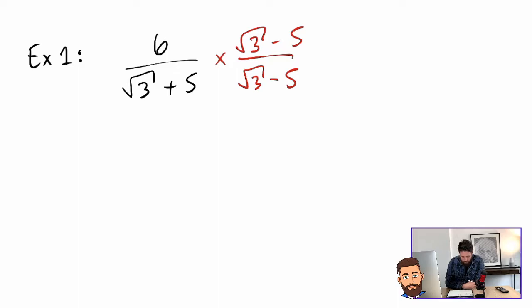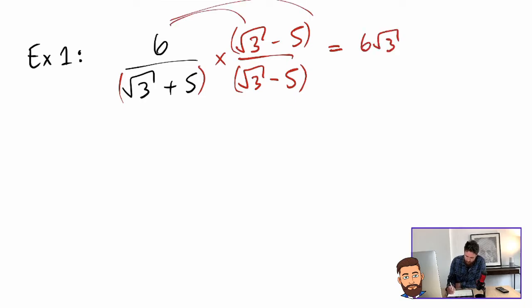That is going to now involve some work expanding this out. So if I expand this out, the top, anything that is more than one term needs to go in a bracket. If I expand out the top, I will simply get 6 times root 3 is 6 root 3. 6 times minus 5 is minus 30.